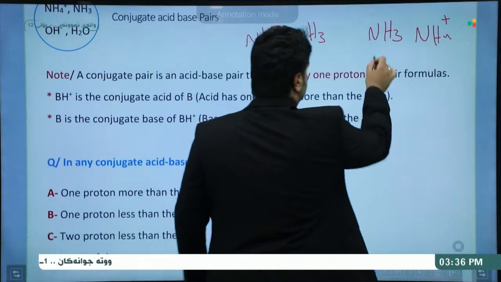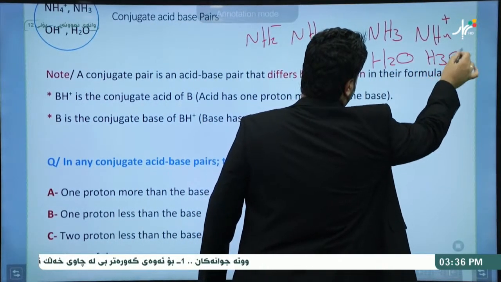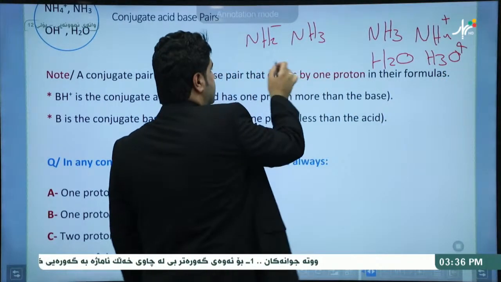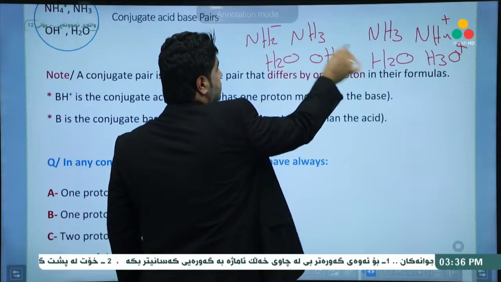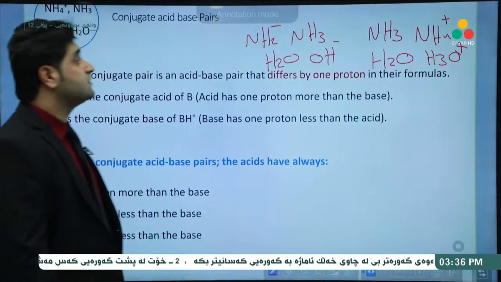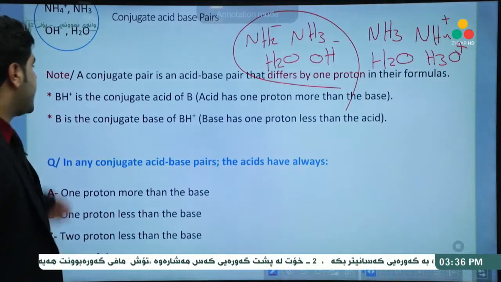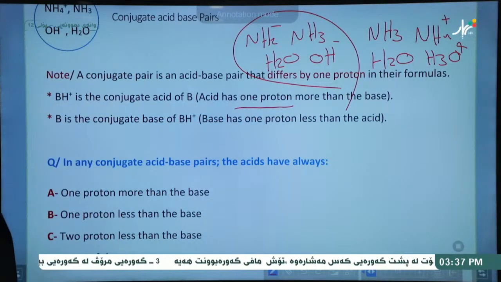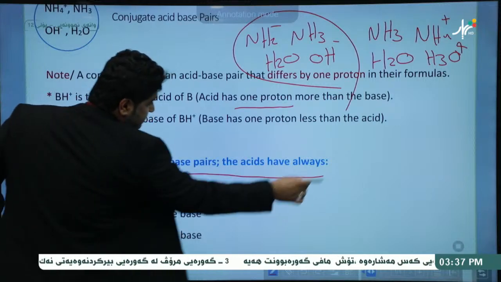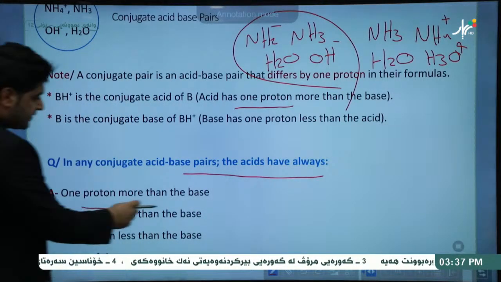H2O and H3O, it's a conjugate pair. H2O and OH negative, they are also a conjugate pair, so don't be confused here. The acid always has one proton more, the base has one proton less. In a conjugate acid-base pair, the acid always has what? One proton more than the base.